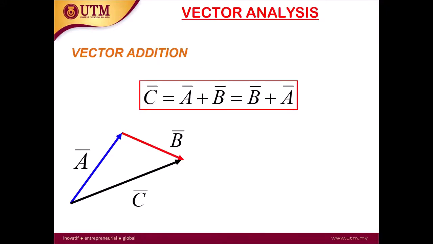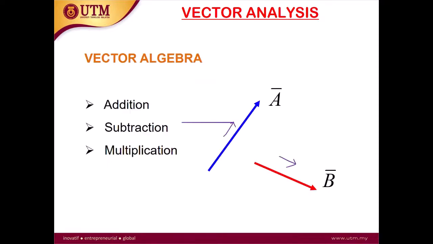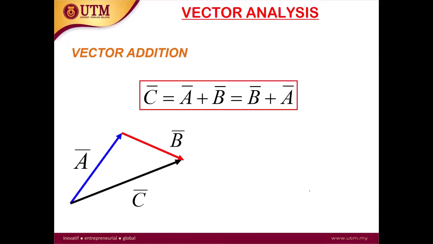Let's say first the vector addition. What happens if we want to add them together? This is the direction of vector A, and we add vector B in this direction.